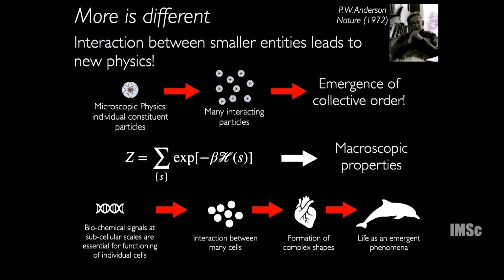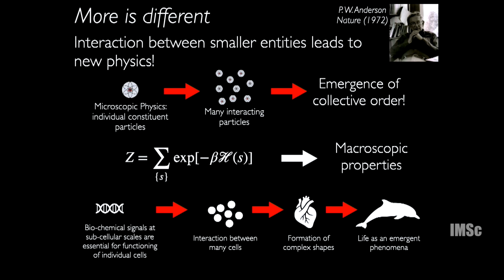Then you go to a higher scale and you have many such cells interacting with each other, and as a result of this interaction, you see emergence of more complex shapes. So if we are able to put an arrow on this whole process, from a very small scale to a very large scale, can we think of life as an emergent phenomenon?